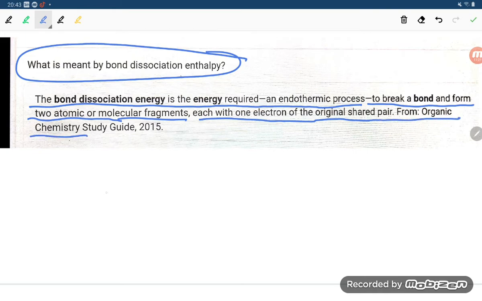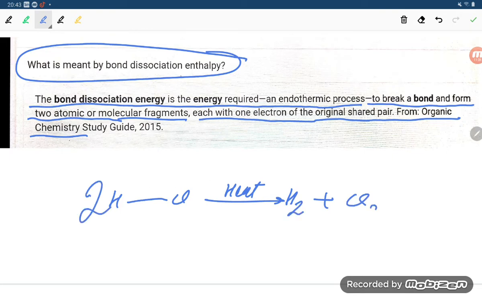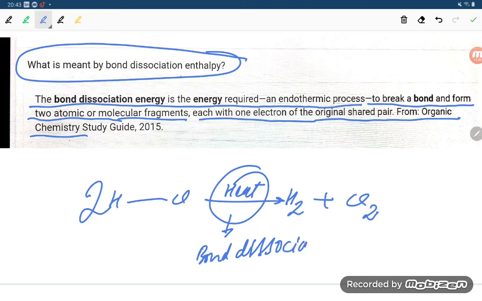In organic chemistry, suppose HCl is there, you need to apply heat or energy so that you break the H and Cl. So 2HCl gives H2 plus Cl2. This is the bond dissociation enthalpy.